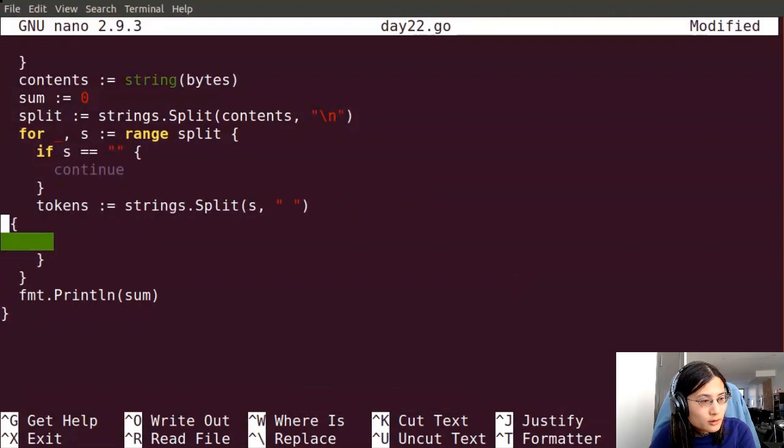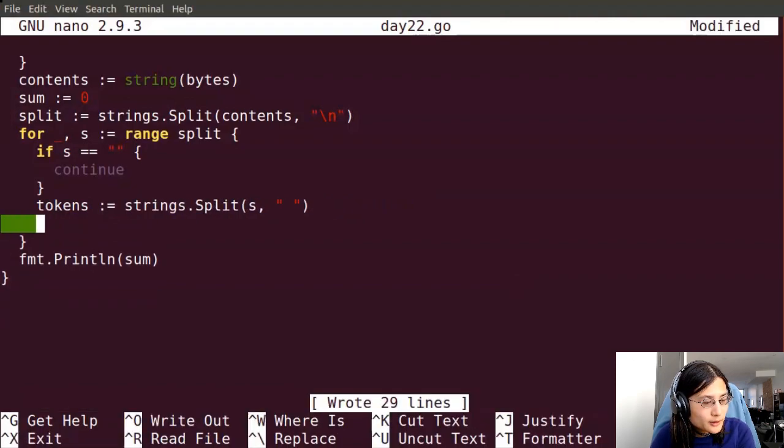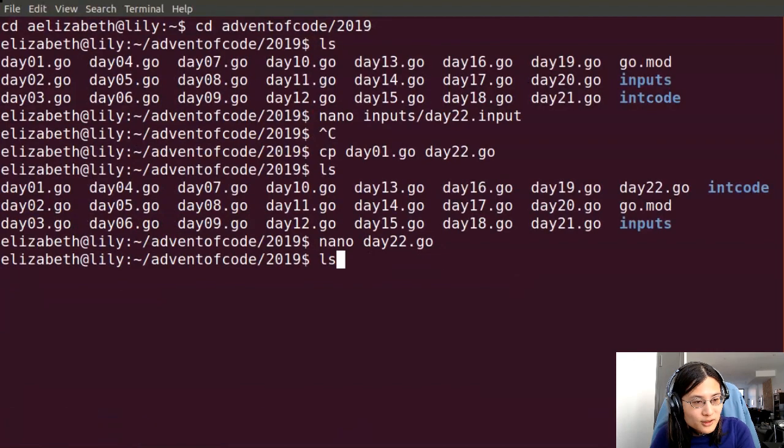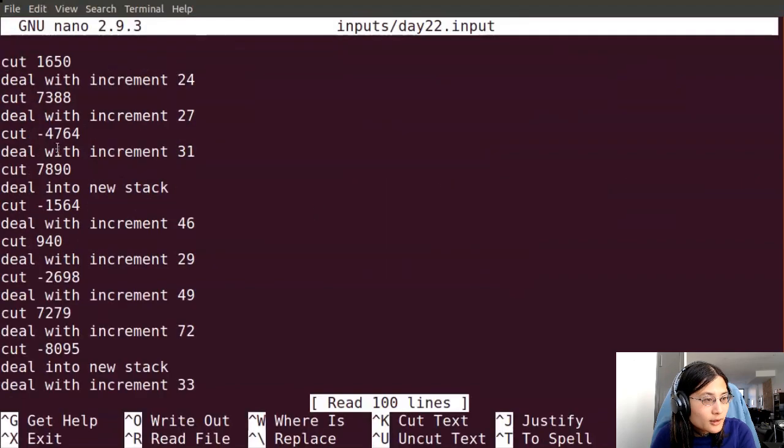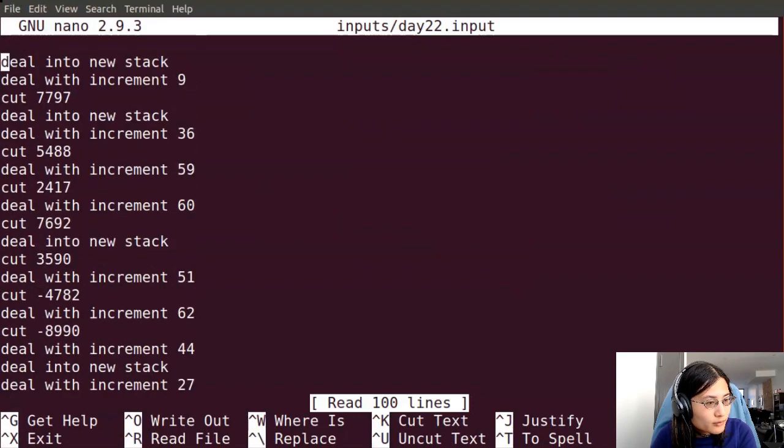All right. So what are the possible values? Possible values are cut, deal, and either deal with or deal into.